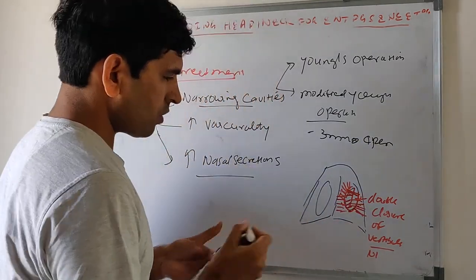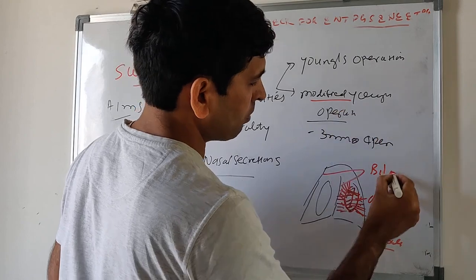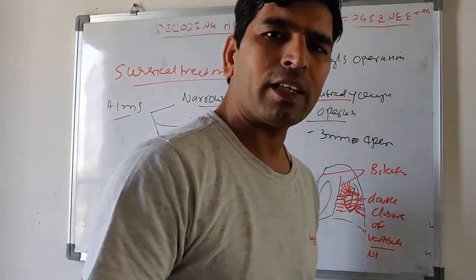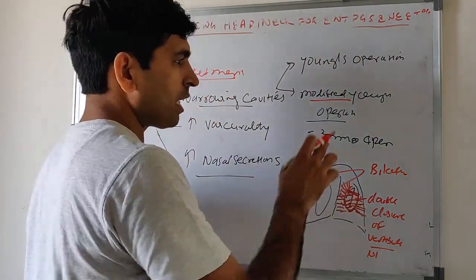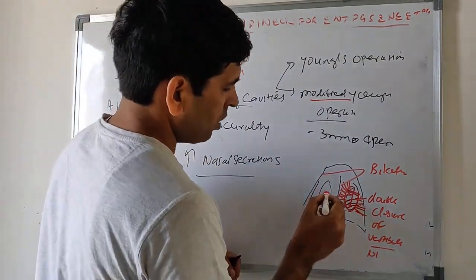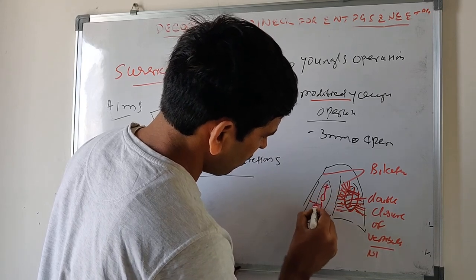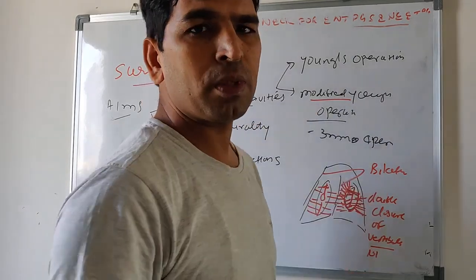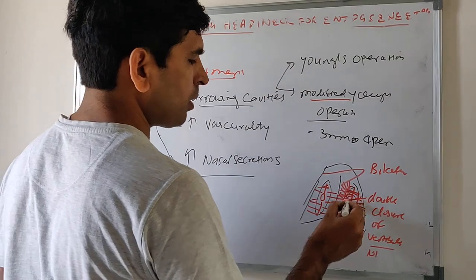You can do the modified Young operation bilaterally at a time, but in Young's operation you have to operate unilaterally, and after 6 months you may operate on the opposite side. You may do a double layer or single layer closure, or a posterior flap-based mucosal closure and anterior epithelium. After completely closing, you may cut it.